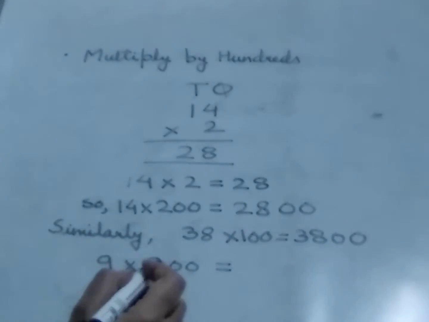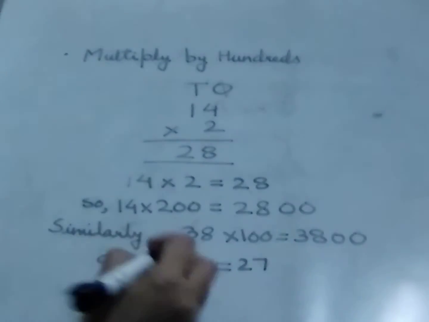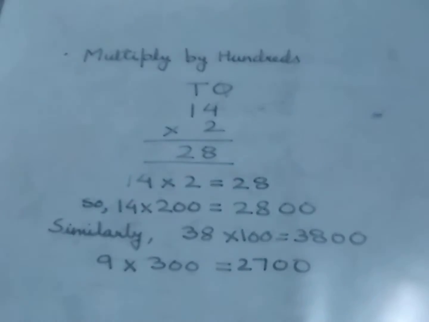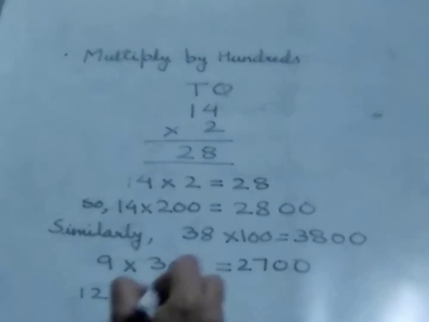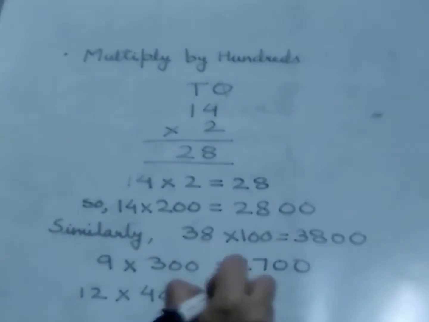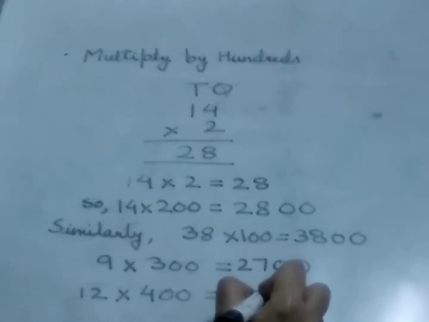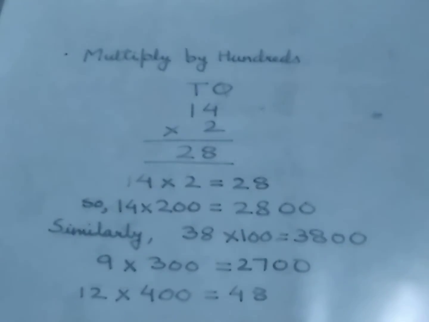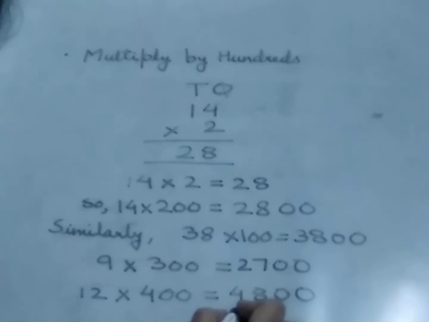First multiply 3 with 9, which is 3 9s are 27. Now add 0 in both the tens and the ones place, it becomes 2700. 12 multiplied by 400. First multiply 12 by 4. 4 twos are 8. 4 ones are 4. Now add 0 in the tens and ones place. So it becomes 4800.